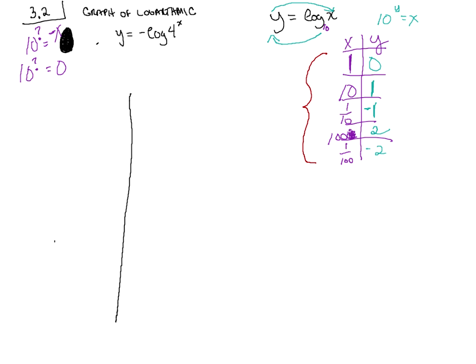All right, so I'm just going to draw a graph here. 1, 2, 3, 4, 5, 6, 7, 8. That's 20, and we'll say this is 100 just for the sake of our graph here. And then y, we have -1, -2, +1, +2. Okay, so we have the points.